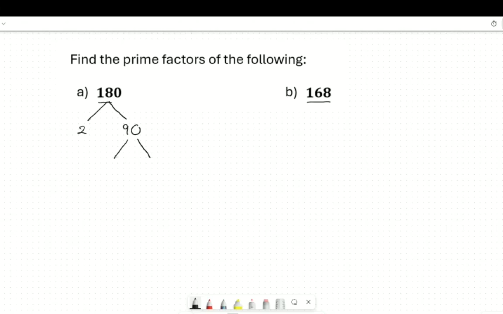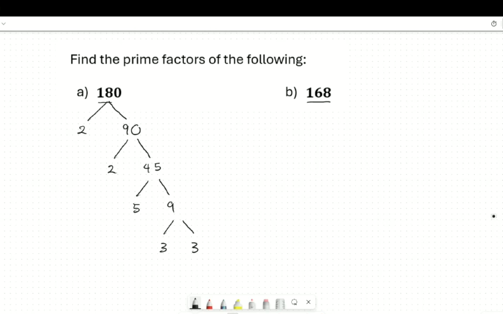We know that 90 is 2 times 45. We can bring down the 45 and divide that again. Now we know 5 times 9 is 45. We can't break the 5 down anymore. For the 9, we know that 3 times 3 is 9.